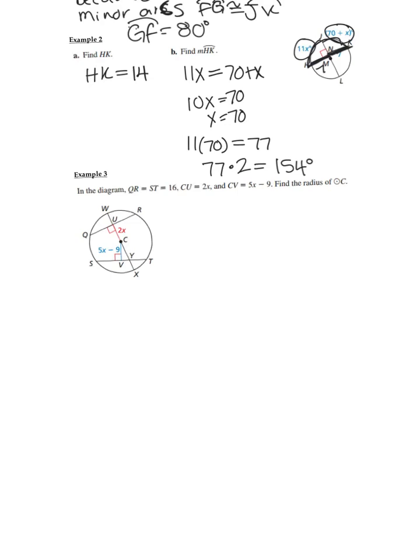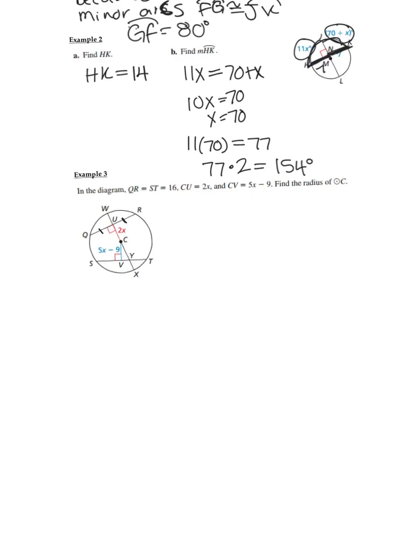Now, we know from the perpendicular chord bisector theorem that if the diameter is perpendicular to a chord, then it also bisects the chord and it bisects the arcs, right? So then we know that these two are going to be congruent. Now it tells us that QR equals ST, and they're both 16.